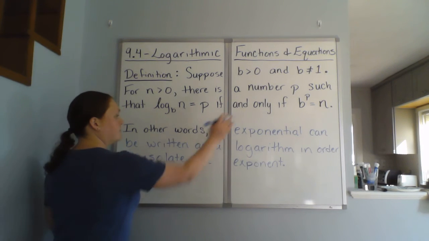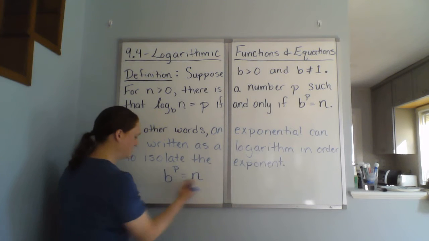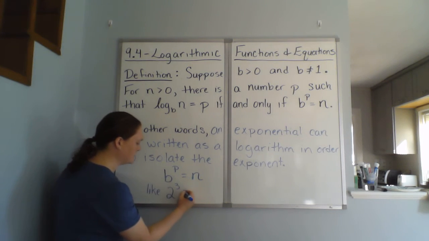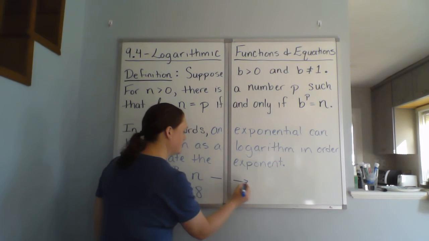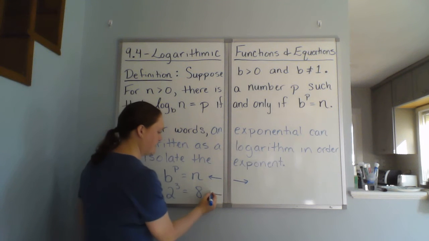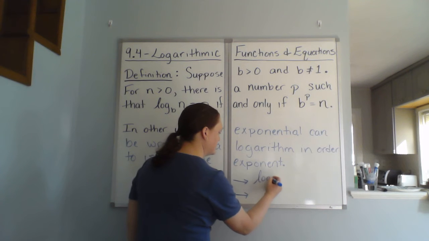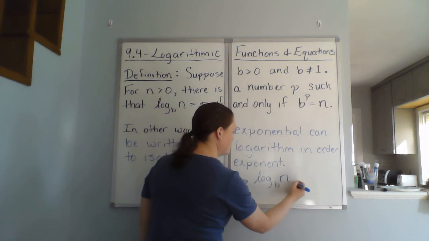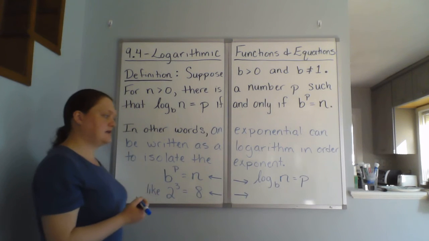We're just going to work from the definition there. We're used to seeing b to a power is equal to a number, like 2 to the third power is equal to the number 8. We can translate that into logarithmic form. The logarithm is written log, the base is the b, the n moves, and the exponent, or the power, p stands for power, is now isolated.